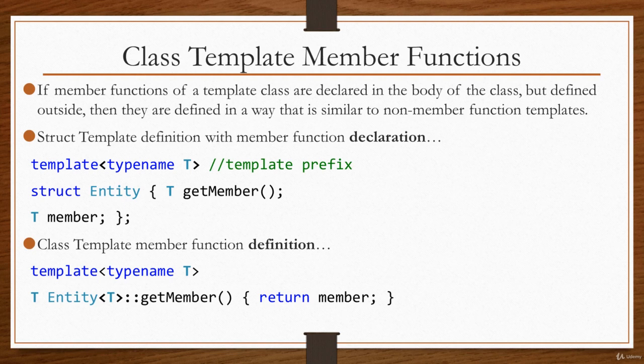Then we have the function body where we return the member. So the syntax is slightly different in that we have the template prefix, and that's similar to non-member function templates, but the qualification is also slightly different from regular member functions in that not only do we provide the template prefix, but we also have angle brackets following the entity, or in other words following the class or struct name. We have those angle brackets, and then we also pass in the type parameter name, so t in this case.